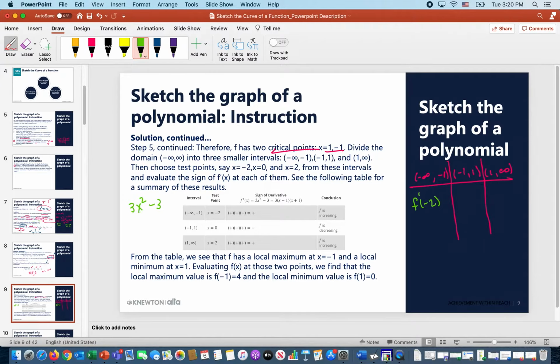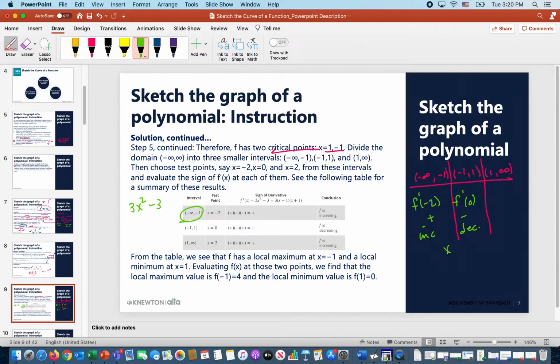Well, if I square negative 2, I get 4. 4 times 3 is 12, and 12 minus 3 is a positive value, right? So what that tells me is on this interval, the function is increasing. And we have that showing up right here in this chart. Kind of small, but it's there for you. A number between negative 1 and 1 would be 0, and if I plug that 0 into the derivative, I get a negative 3. In other words, my function is decreasing.